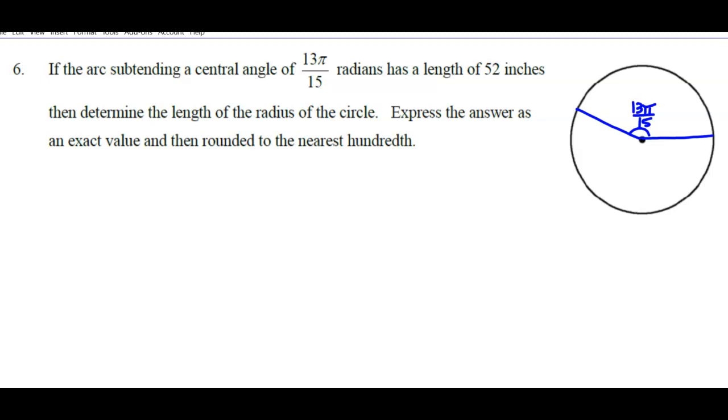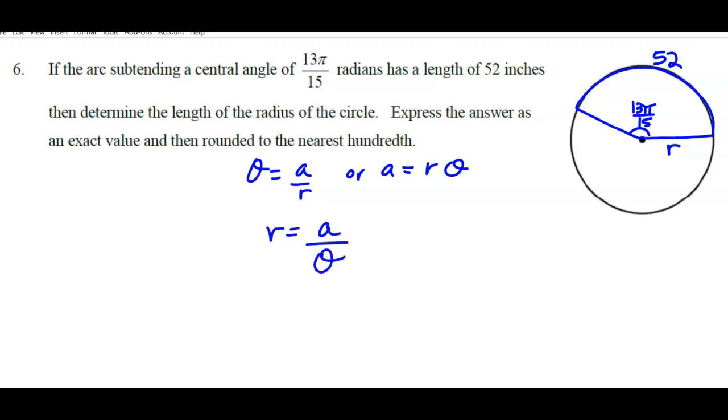Okay. So that angle has an arc length here of 52. We need to find R as an exact value and then round it. So theta, remember, is A over R, or A equals R theta. So R will be equal to A over theta.